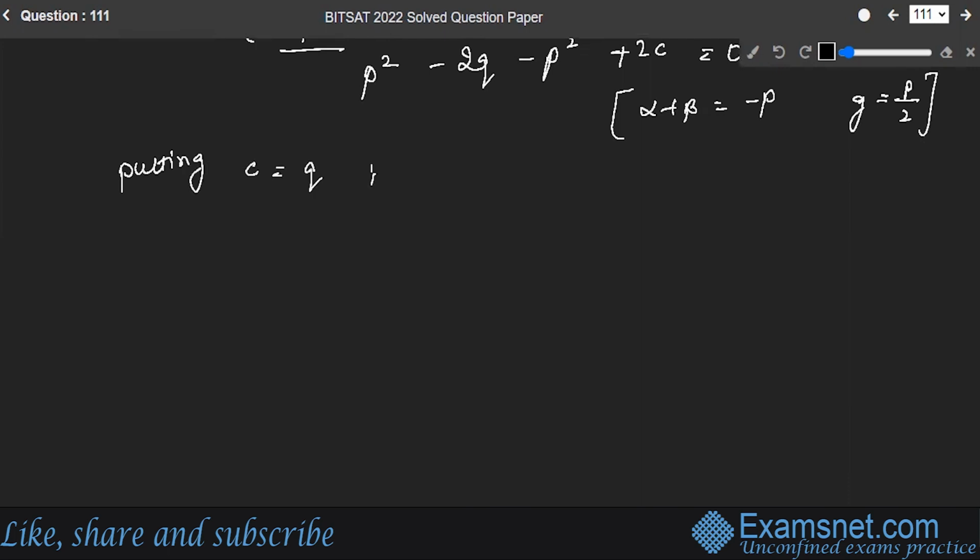Okay, so yeah, let's put c is equal to q in equation 4. You will get f is equal to minus (q plus 1) upon 2.